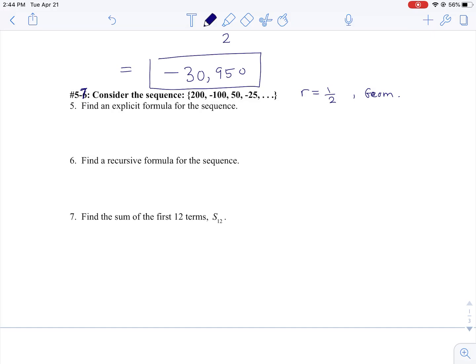That's half the battle, figuring out what kind of sequence you have. So if you want an explicit formula, which just means writing out the nth term, it's the first term times the common ratio to the n minus first power. Again, I'm using those formulas that I wrote down at the very beginning of the worksheet.